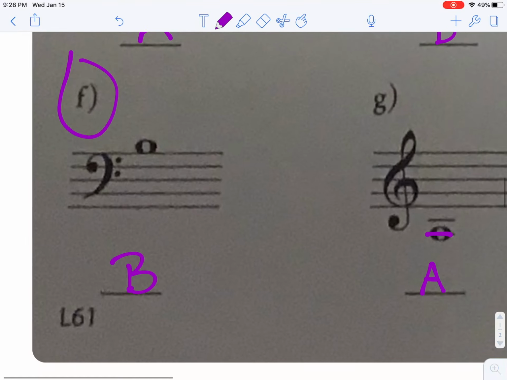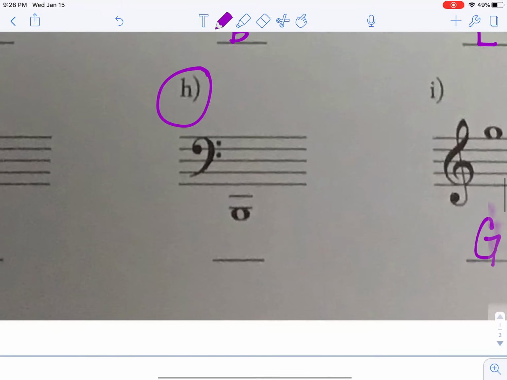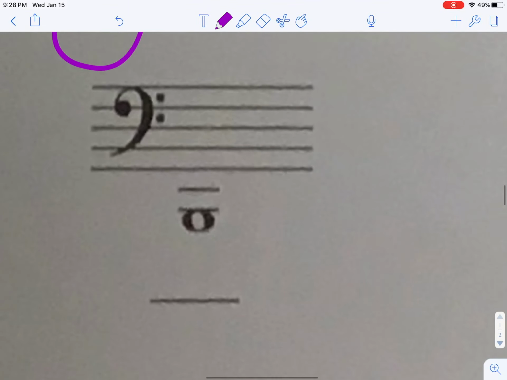So there's a B. This is one we have to use our tools to figure out. So we know that this is cause elastic. So what comes before C? That would be B.